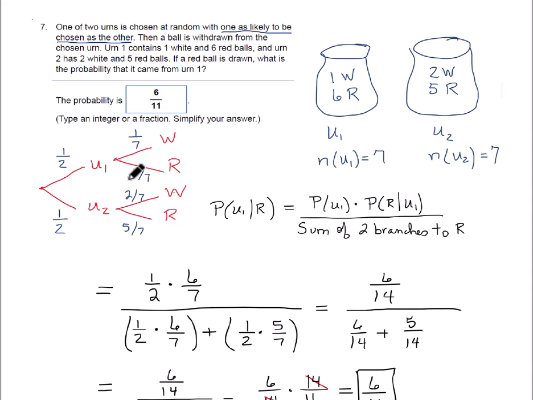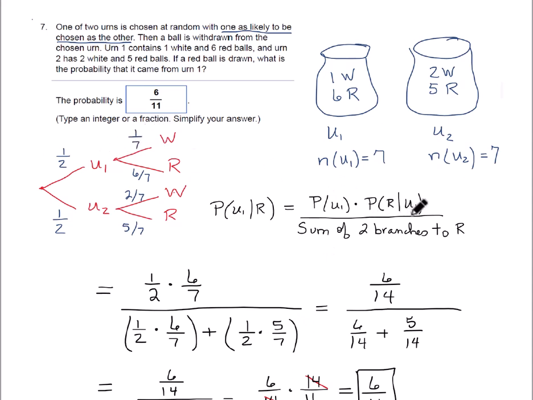So what do I want? I want the probability that I picked urn 1 given that I'm holding a red. All right, so I'm going to have to sum all the branches to red. So 1/2 times 5/7, 1/2 times 6/7. That's the bottom. Got that there? And the top, probability of urn 1 is 1/2.